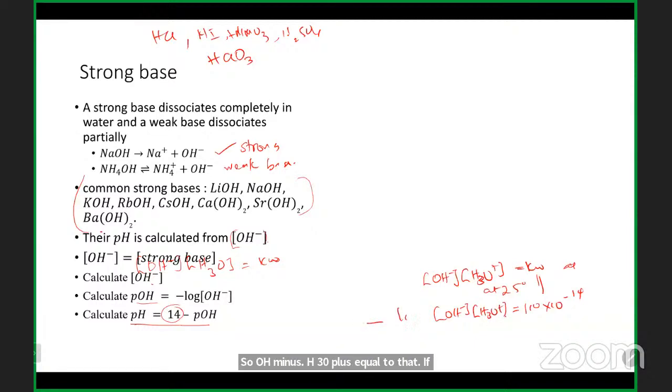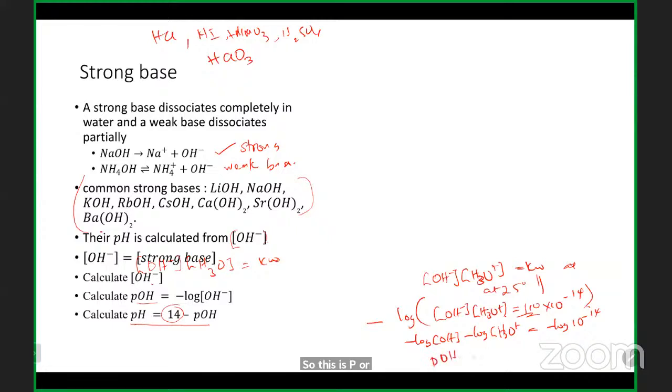If you take the minus log of everything, that would be minus log OH minus plus minus log H3O plus, that's equal to minus log 10 to minus 14. Log 1 is 0. So this is pOH plus pH, that's equal to 14. So that's why we arrive at this.